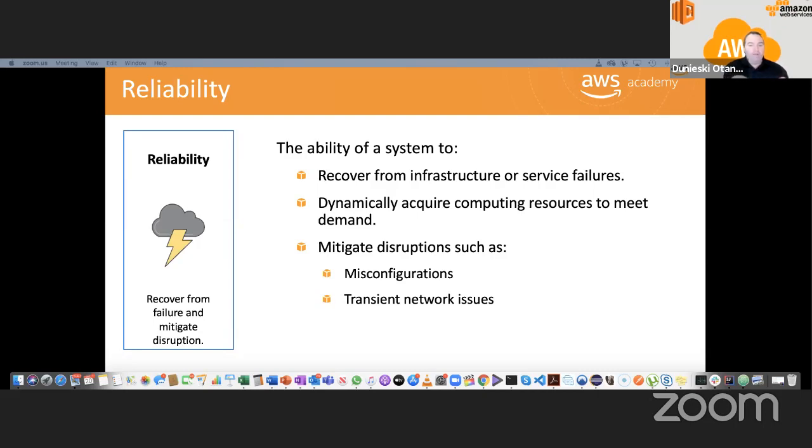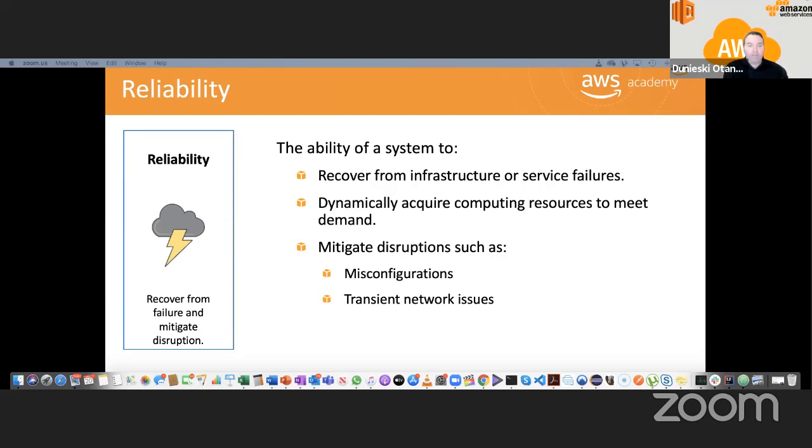If you're global, you should have some global infrastructure, like Route 53, CloudFront, those guys, edge locations in place so that you can recover when something happens. If one region goes down, you already have another region in place, waiting for the data to fail over to that region.